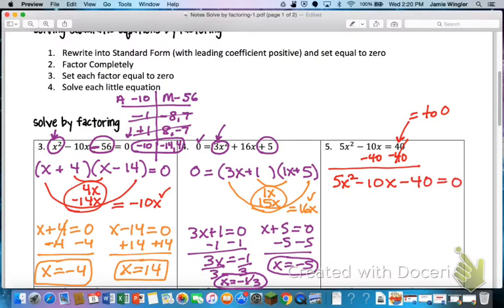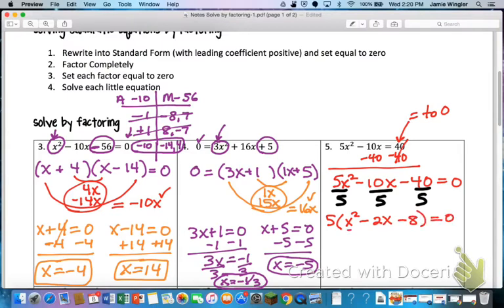in descending order. Now, part of the rules of factoring is factor out a common factor. All of these are divisible by 5. So we can take a 5 out, which leaves us with x squared minus 2x minus 8 equals 0.